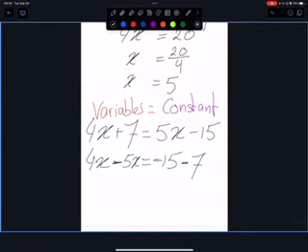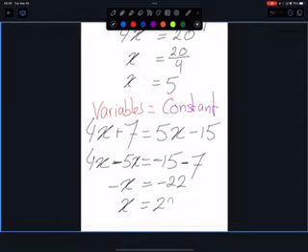Add them together, you have minus x equals minus 22. So x equals 22. You divide minus 1 by minus 22, which is positive. So, when you switch, the positive becomes negative and the negative becomes positive. Correct. Easy peasy.